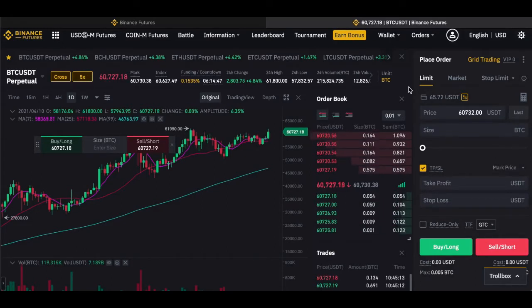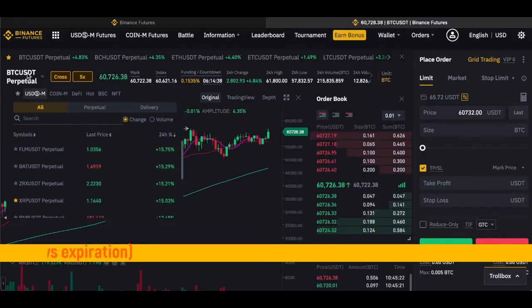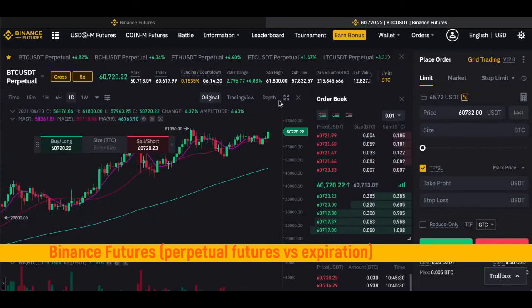So there's two types of futures contract that you can trade on Binance, a perpetual and then a future with an expiry date. So obviously the word perpetual means forever. A perpetual future literally means that the future that you're trading has no expiry date. So it just goes on and on and on. Now, you might want to trade this if you don't want to actually go ahead and have your contract expire.